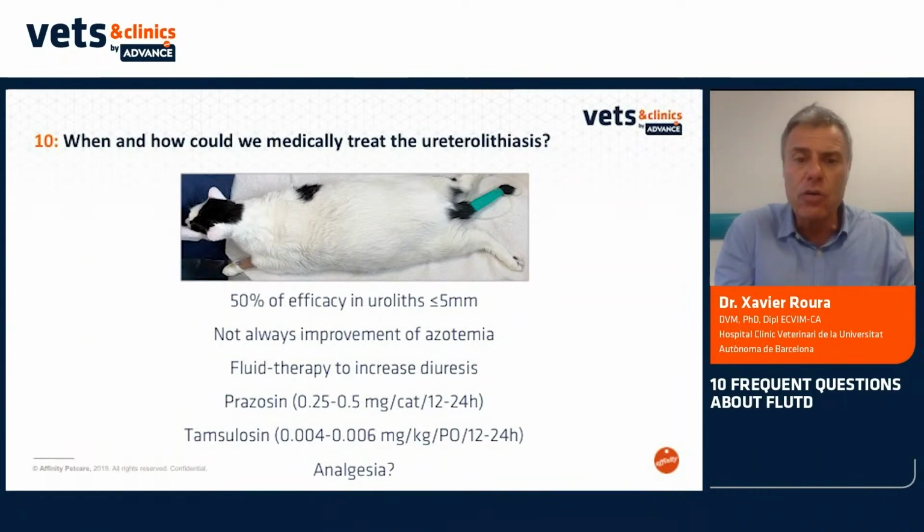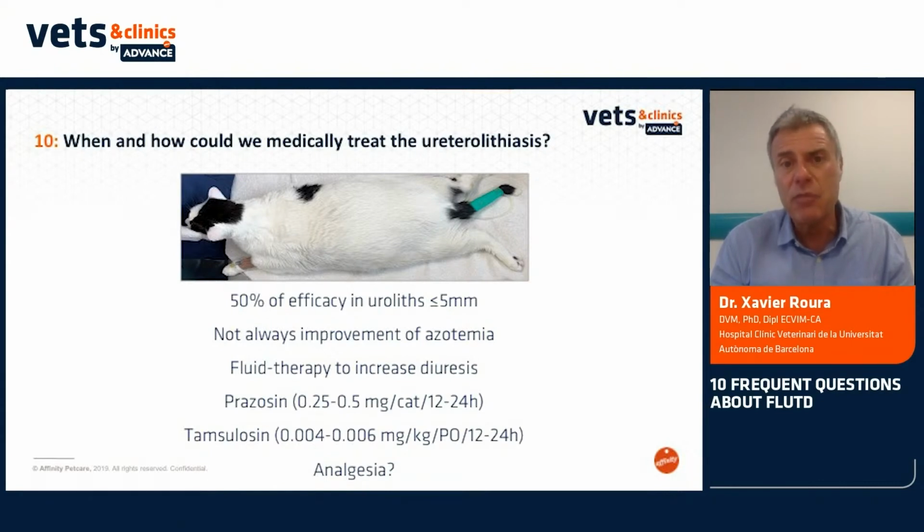Analgesia is still controversial in this kind of cats. In human medicine, we know that this produces severe pain, so it makes sense, if we have a suspicion of urethral lithiasis, to use the other treatments together with analgesia in order to try to improve the response to the medical treatment.